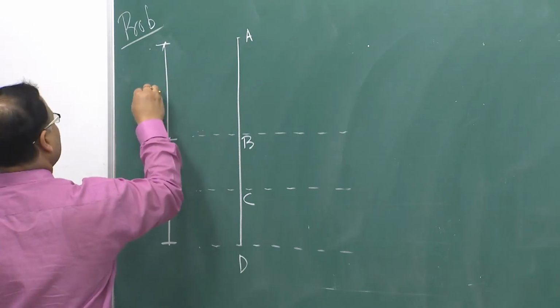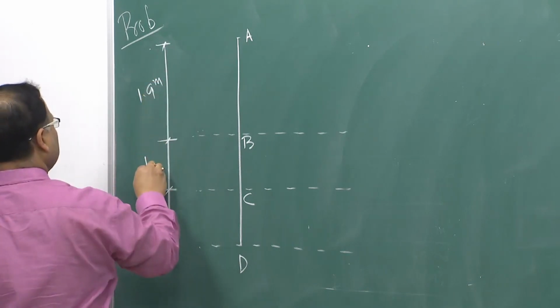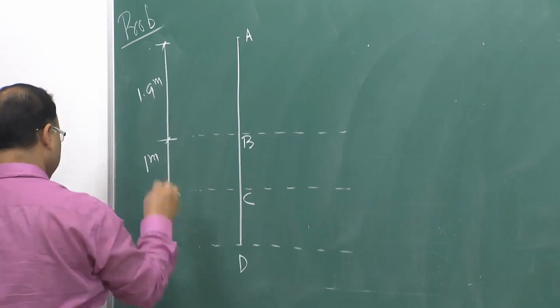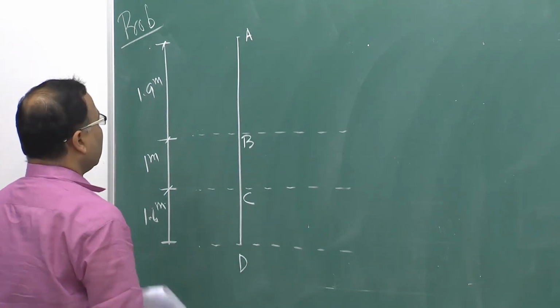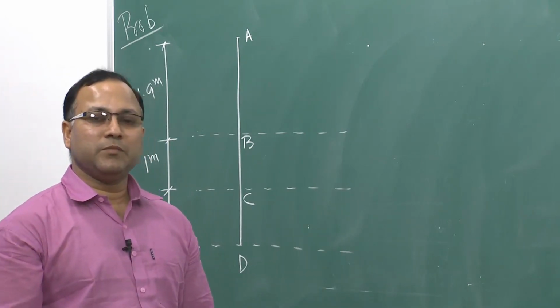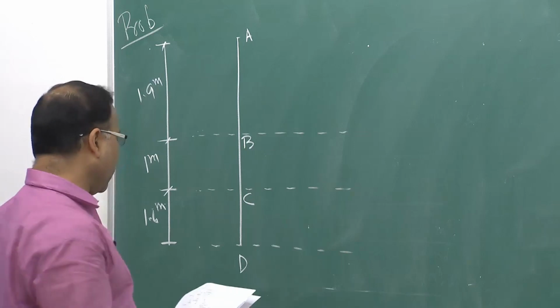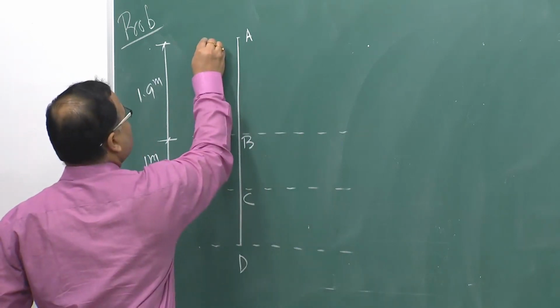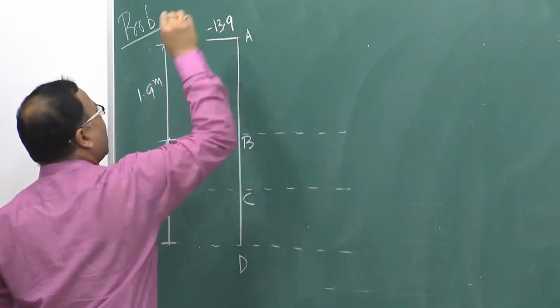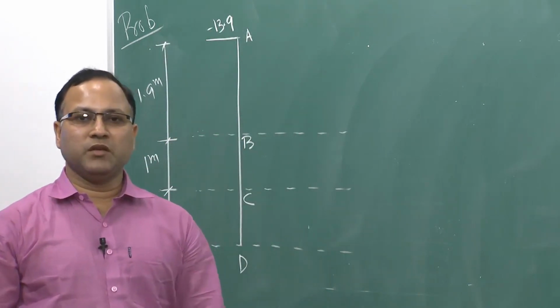So, as given, it is 1.9 meter, it is 1 meter, it is 1.6 meter. Okay. So, at point A, what active pressure you have got? Minus 13.9. So, it will be on this side minus 13. I am not writing kilonewton per meter square everywhere, so it will be quite understood.